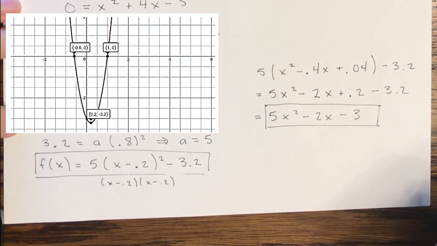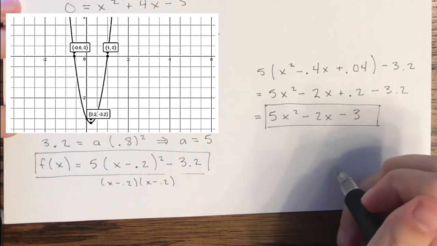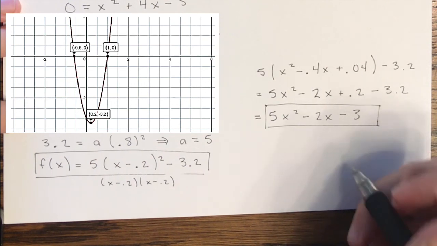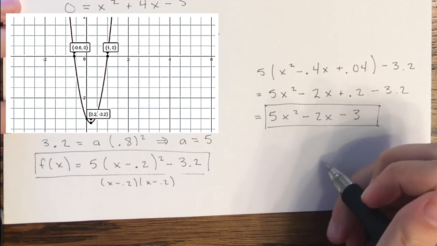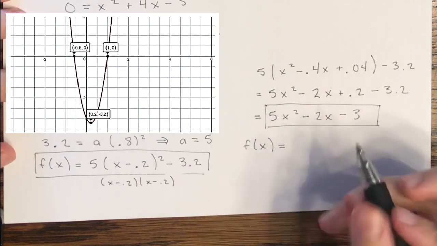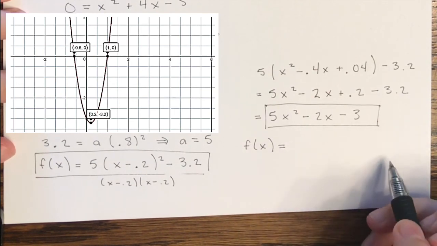And last but not least, I know it doesn't ask us for this, but I would like for us to find this function in root form. We totally know how to do this because we know how to find the equation of polynomials from a graph, and a quadratic is a polynomial. Remember, root form is our leading coefficient times x minus each of the roots.